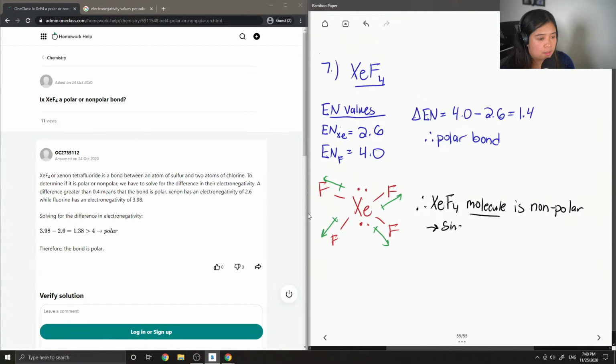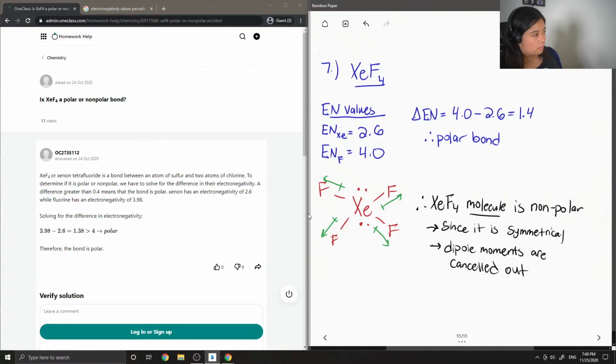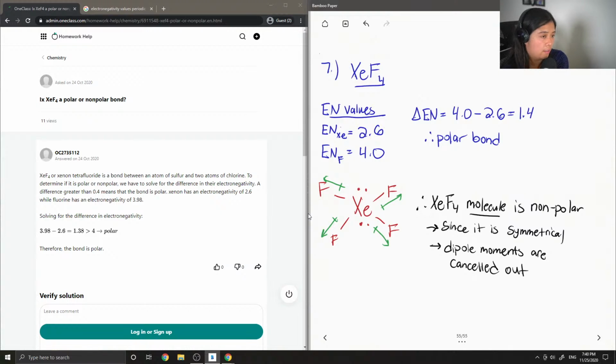Since it is symmetrical, and also the dipole moments are cancelled out. Okay, but to answer the question, the xenon and fluorine bond is polar.